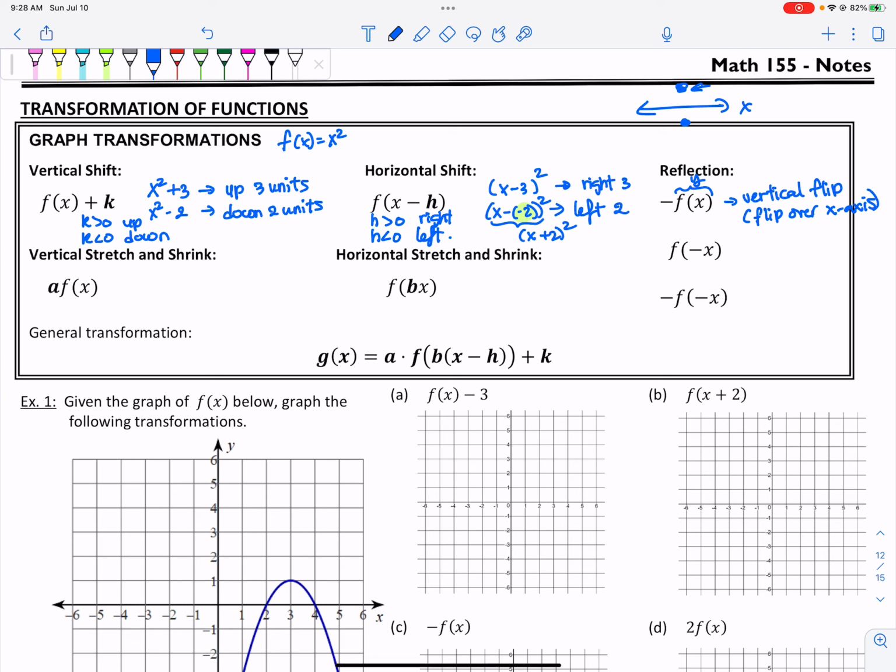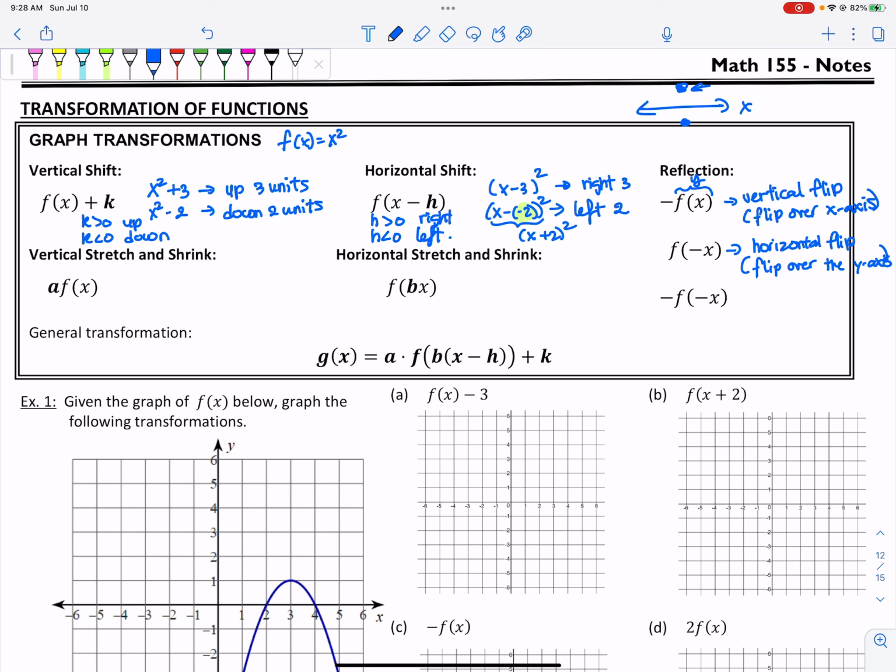If we have a negative inside with the x value, that makes the input opposite, the x value the opposite. Opposite x values are located horizontally. So this will give us a horizontal flip, which is a reflection over the y-axis.